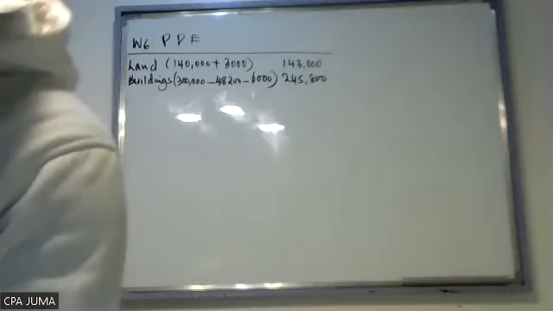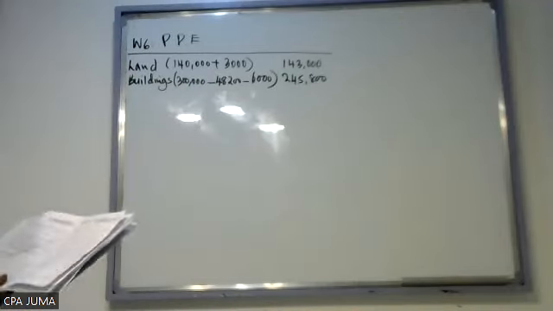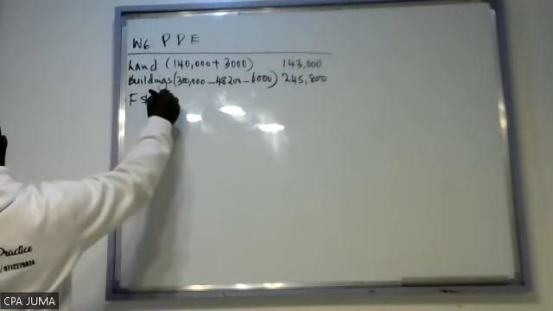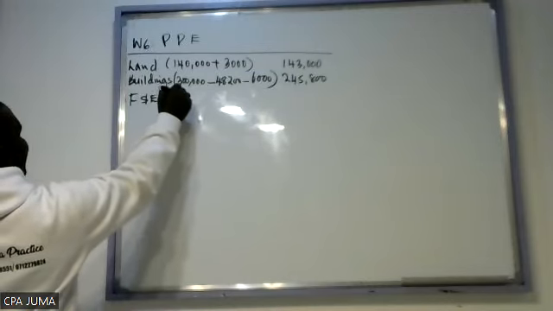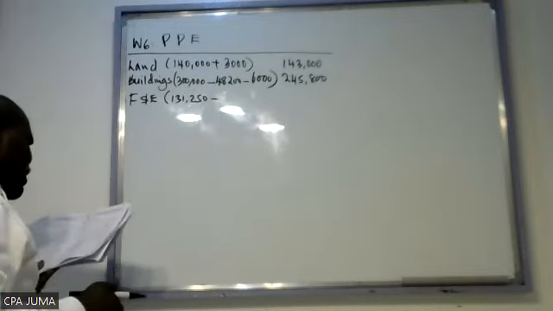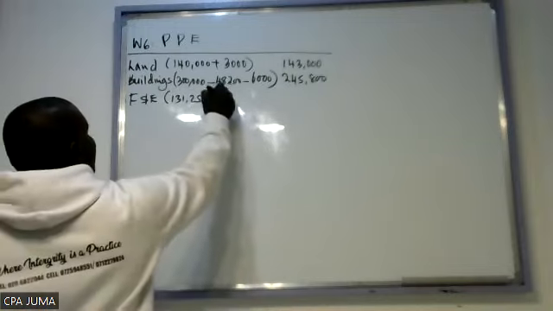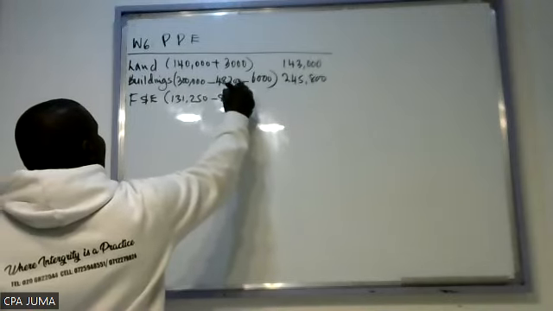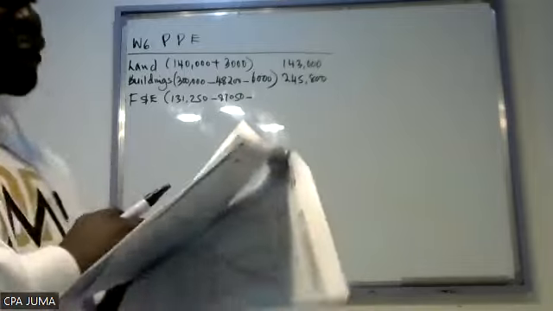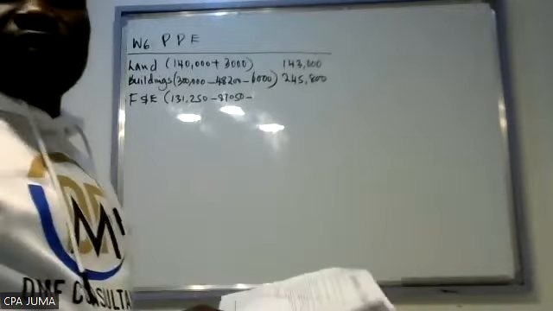Then after that, furniture and equipment will be 131,250 minus accumulated 87,050 minus this year we charged how much? Check for me furniture. Furniture is also under administrative.